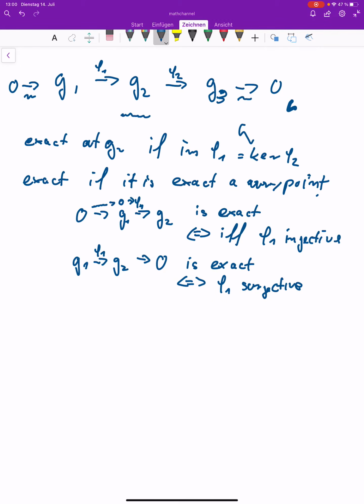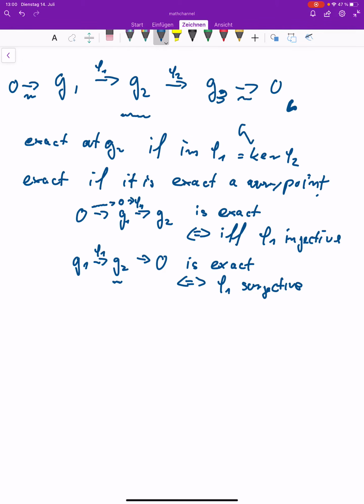And let's look at this sequence and see why this is. Let's focus on G2 here, and you see that from G2 we have this map to 0. So everything in this group G2 is mapped to 0.